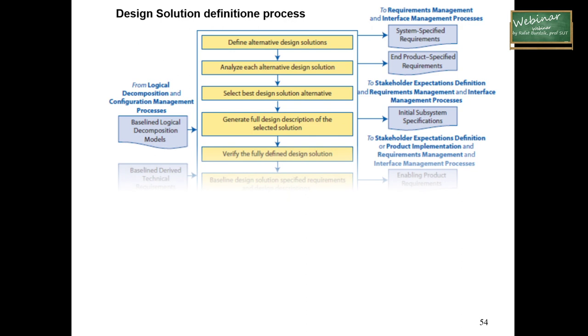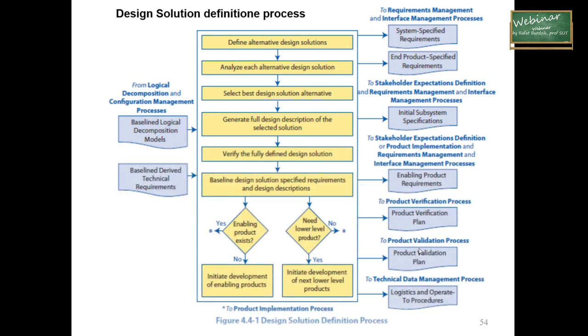The next area when we are talking about system engineering is the design solution definition process. How can we support the design solution definition process with the SEBoK requirements? First, we have to define alternative design solutions.